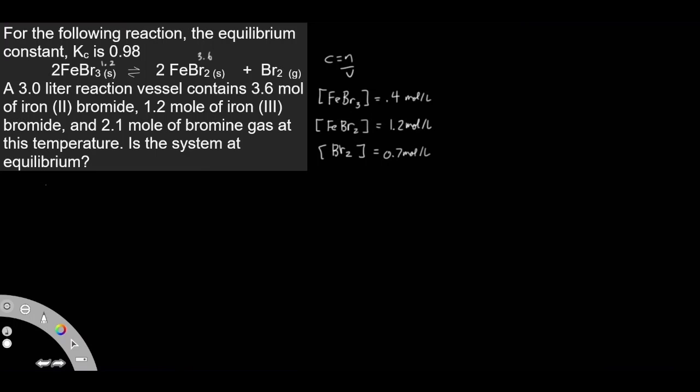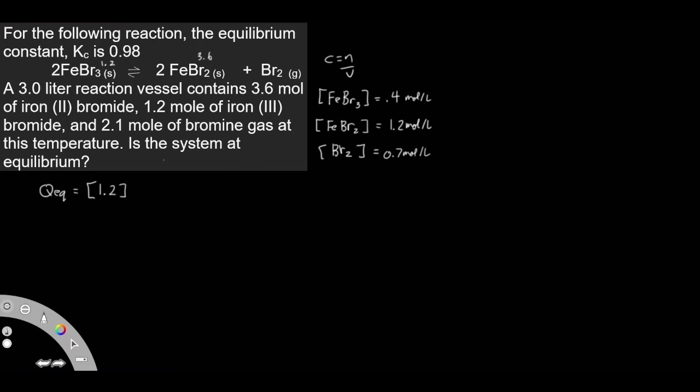So let's put our Q expression and start putting things together. Our products on the very top are going to be these two. So it's going to be 0.4. Oh, sorry, not 0.4. This is FeBr2, so that's 1.2, to the power of 2 based on what's written over there. So you see how it's very important to write it on the side before you plug it in, otherwise it could be a little confusing, right?